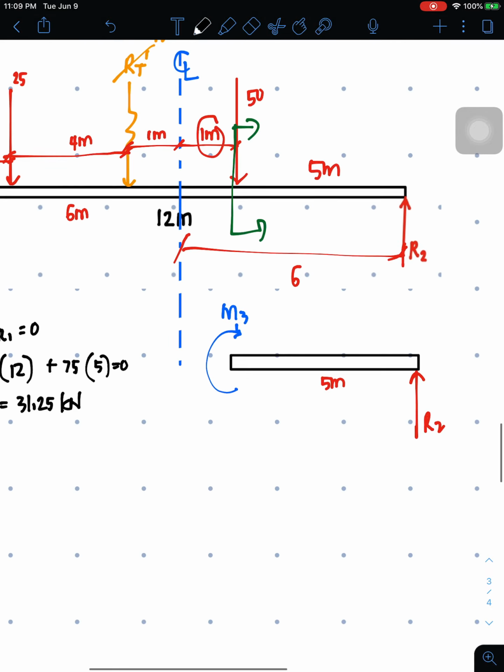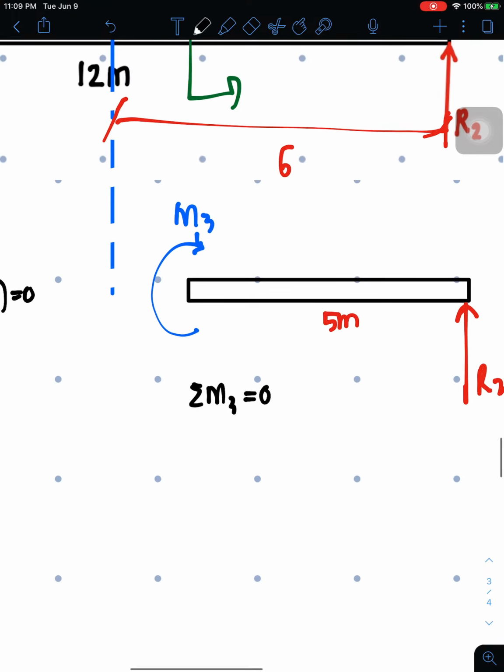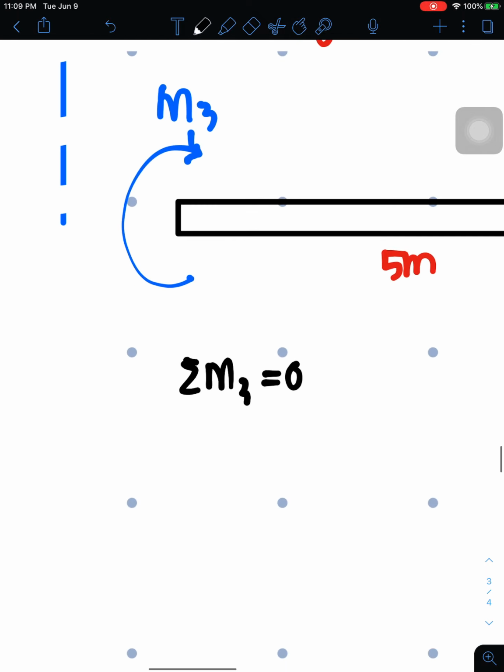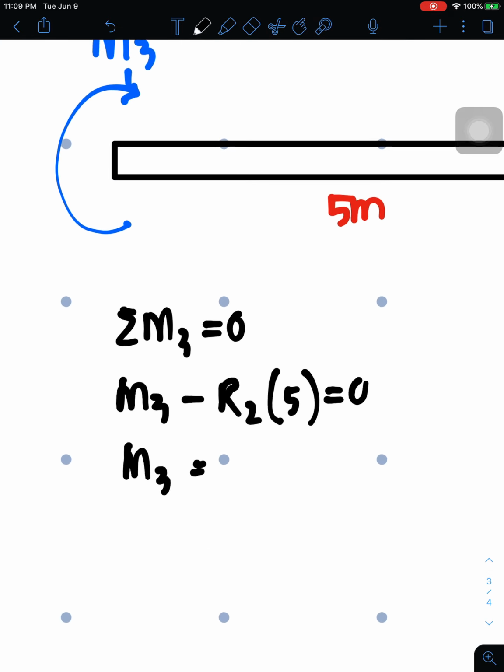So we're now ready by getting the summation of moment at point 3 or at M3 equal to 0. So you will have M3 as positive minus R2 times 5 equal to 0. Then transpose R2 to the other side.